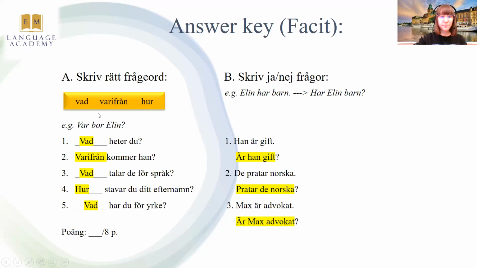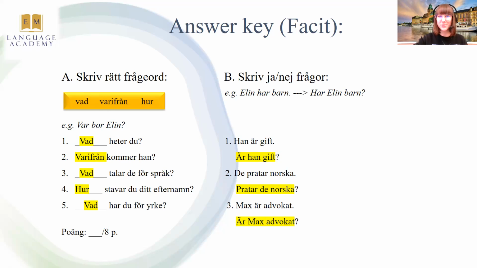So exercise A. Vad heter du? What is your name? Varifrån kommer han? Where does he come from? Vad talar de för språk? What languages do they speak? Hur stavar du ditt efternamn?